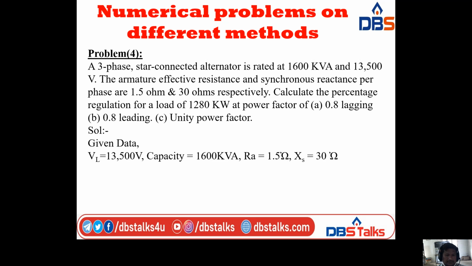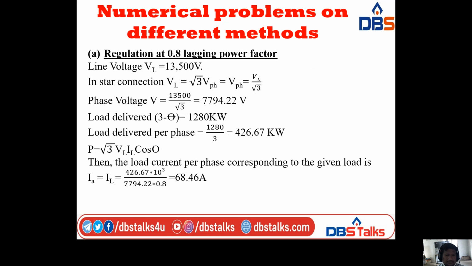So therefore, determine the voltage regulation at 0.8 power factor lagging. Line voltage VL is 13,500. In star connection, VL is equal to root 3 V phase, therefore V phase is equal to VL by root 3, 13,500 by root 3, that is equal to 7,794.22 volts. And the load is three phase, that is 1280 kilowatt.